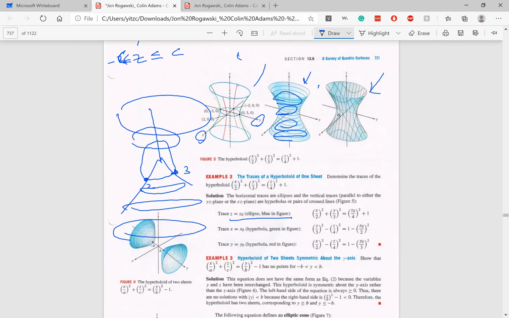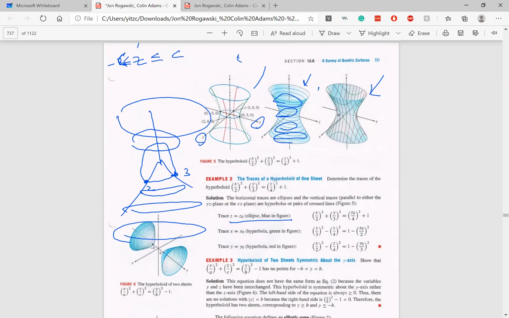Now, if you set x to be constant, then you have a negative over here in the z, and you have this over here. So these are, again, hyperbolas. They're going to go like this. And you'll be able to figure out where they hit our surface, because it's always going to hit the ellipses, wherever the ellipses are.